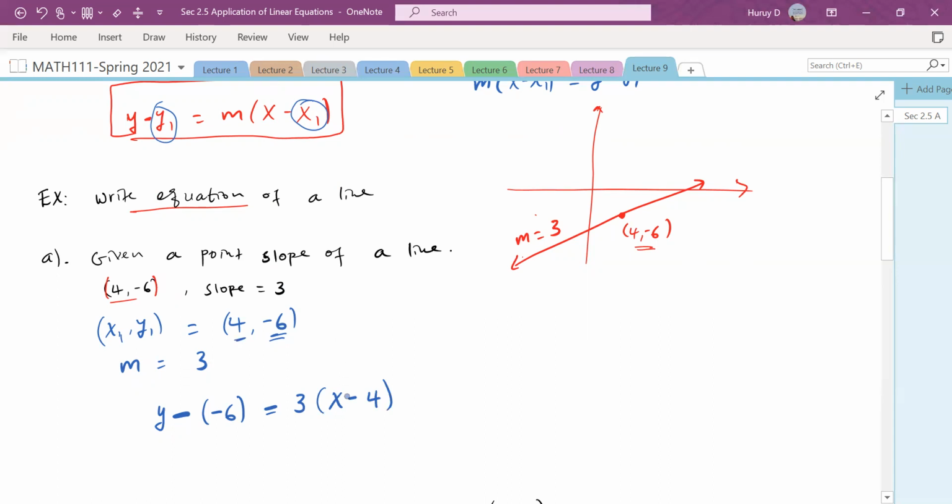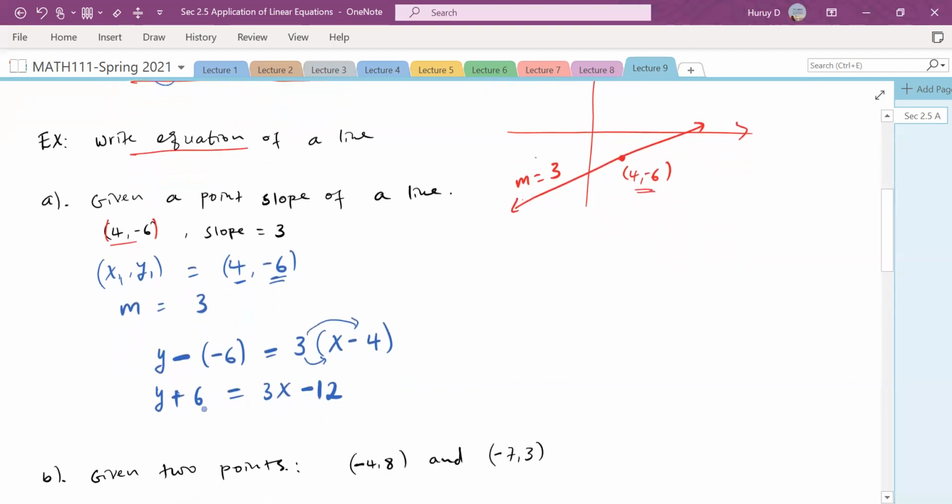Now if we simplify this, always when you write equations or functions, you have to simplify to the simplest form. So this one is y minus negative 6, which is y plus 6, equals, now we distribute, 3x minus 12.